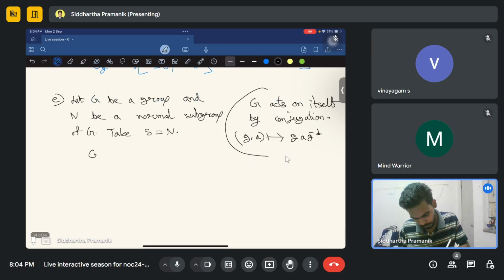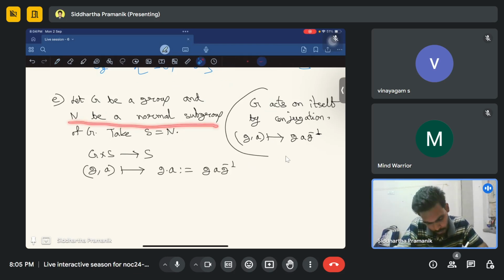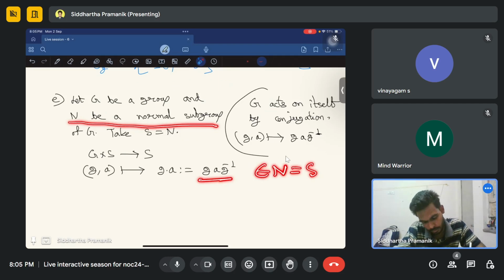So define from G cross S to S by mapping g comma a to g a g inverse. Now remember, N is a normal subgroup. So this element lies in N, which is S. So this function is well defined.